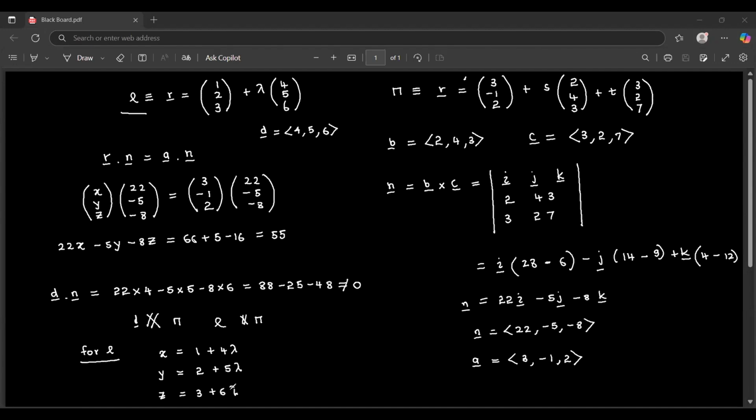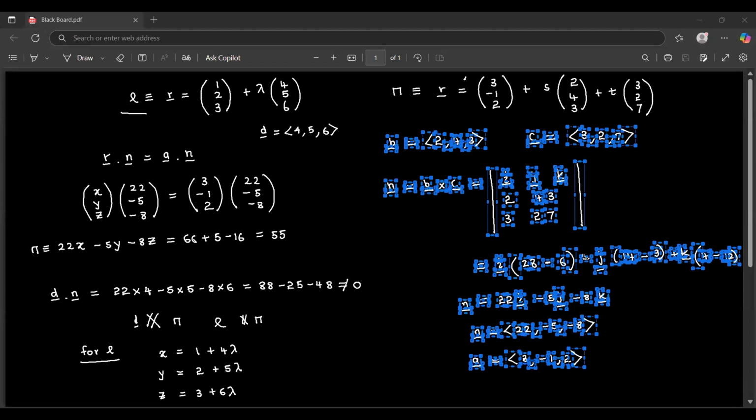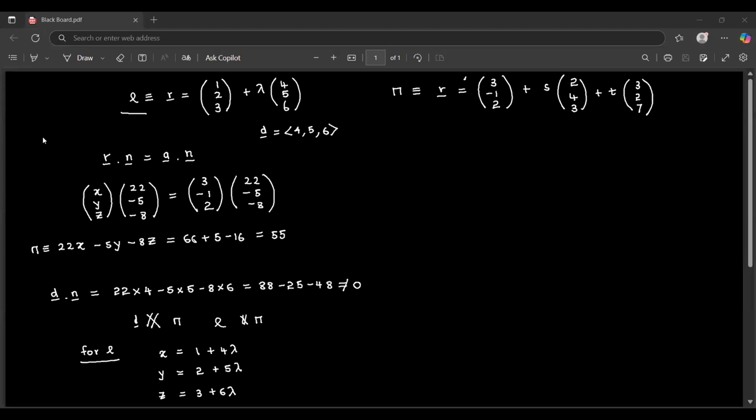This is what we need. Now we will replace the values in the Cartesian equation of the plane, which is phi: 22x minus 5y minus 8z equals 55. I will erase this area since we have already come up with the important things from that.